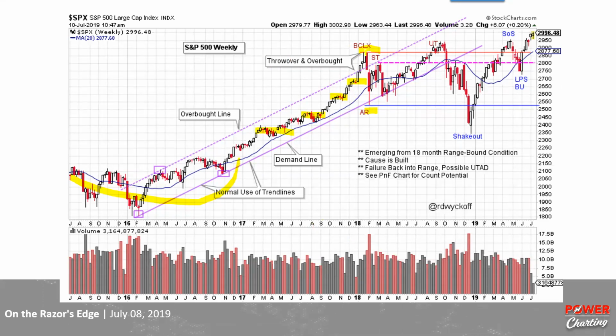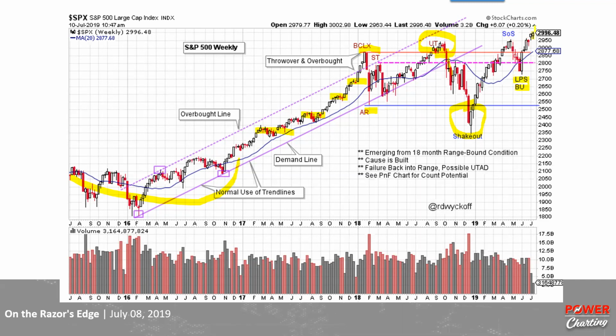Now we're looking at the S&P, not the Dow. But then we had this upthrust here and a big shakeout. And now look what's happened. We've had another run up to another new high. We've pulled back less than halfway, and we put in what arguably is a last point of support and a backup.